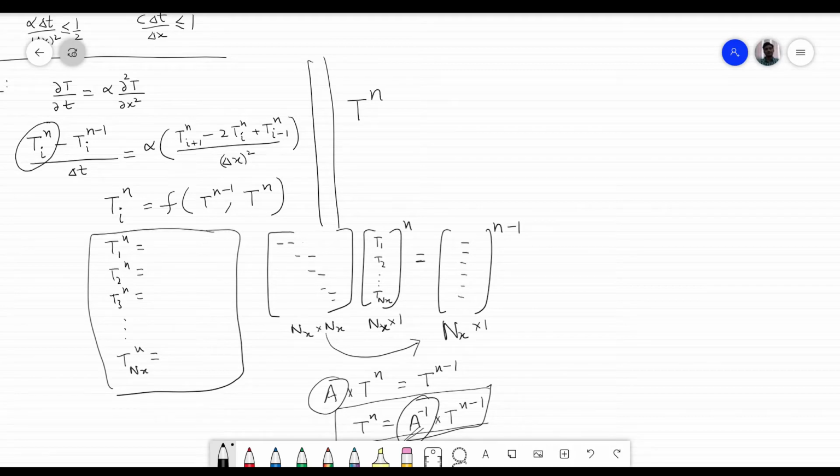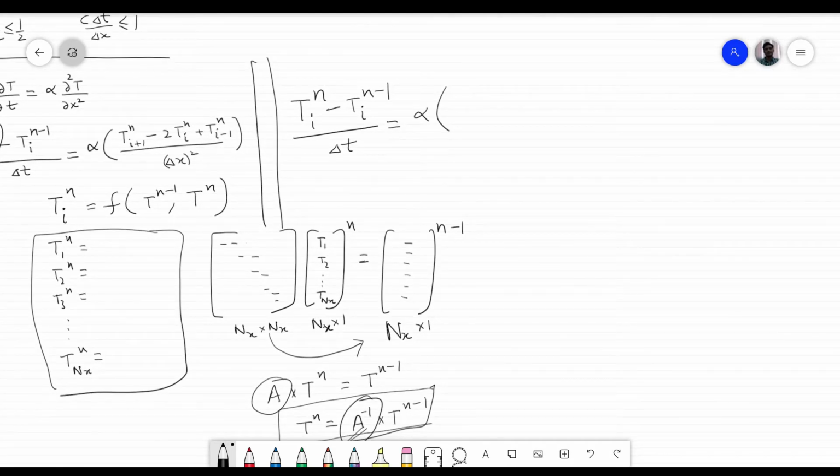We'll take that as the unknown here also. n minus 1 by delta t, and because we are writing it explicitly, what we know here is n minus 1. So on the right hand side, the superscripts should be n minus 1.